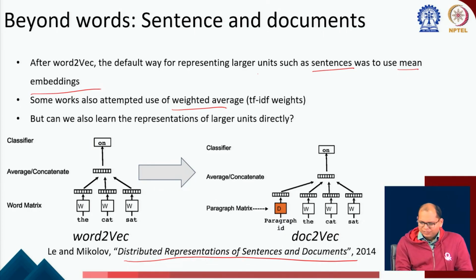Let's compare the two scenarios. Let's say this is your unit, an entire paragraph: the cat sat on. What you would do is get the embeddings for the cat sat, and you will maybe concatenate them in CBOW, or average them, and then you will classify and learn to predict the other word, on.